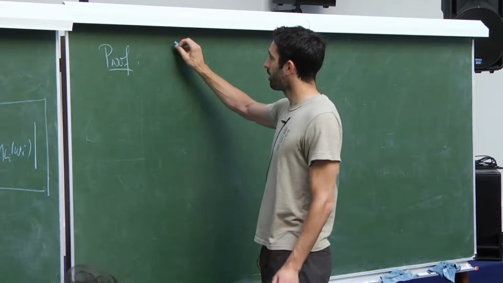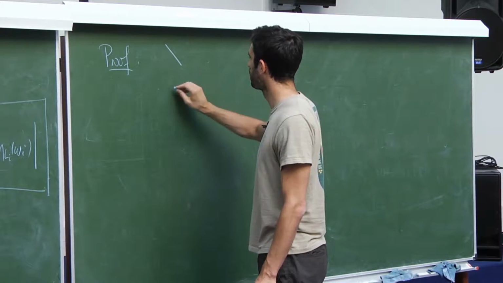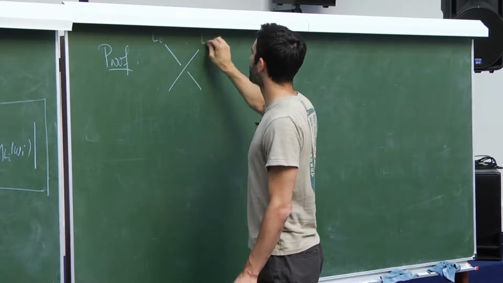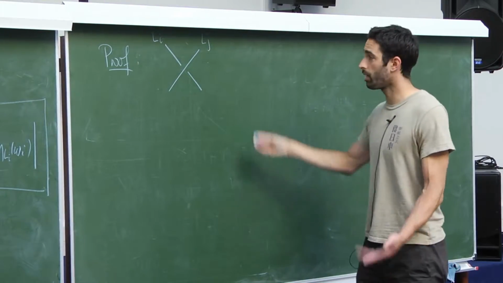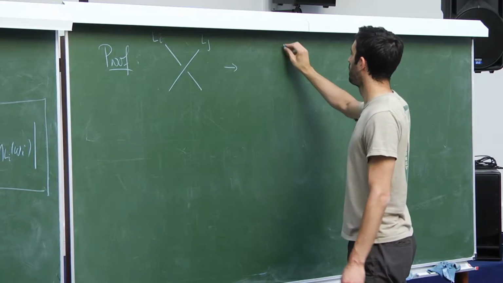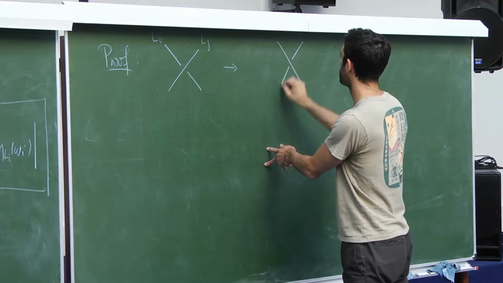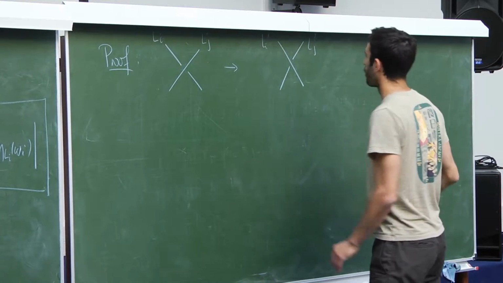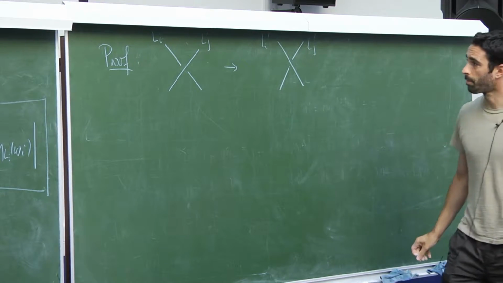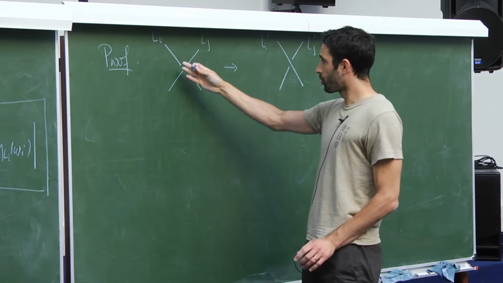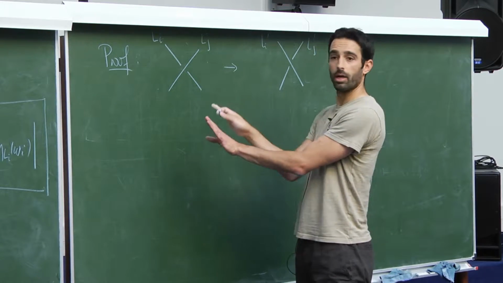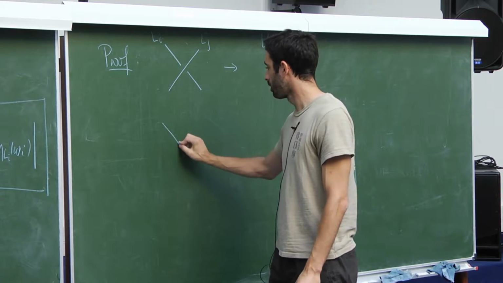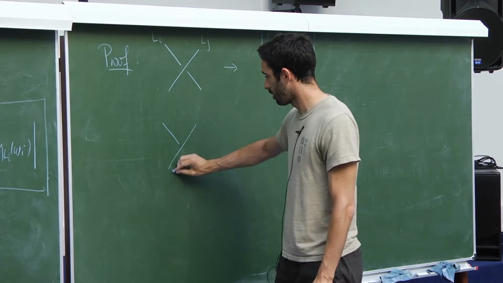So here's the proof of the theorem. Let's just assume that we have two different components, L_i and L_j, and we're performing this crossing change. Let's say L_i prime, L_j prime. So what I will do is I will draw a local C-complex for this.